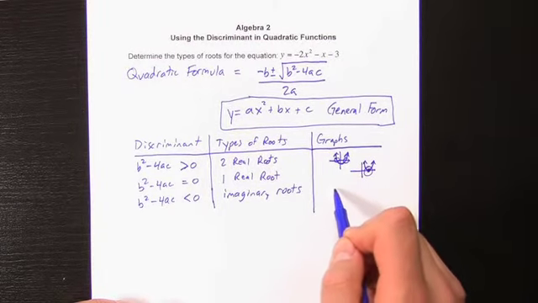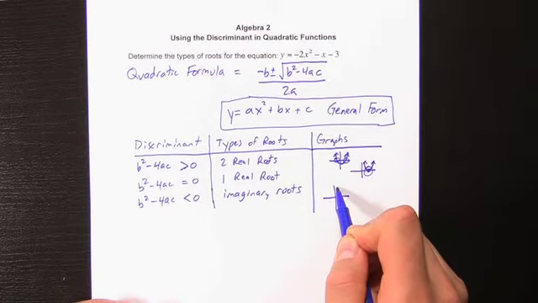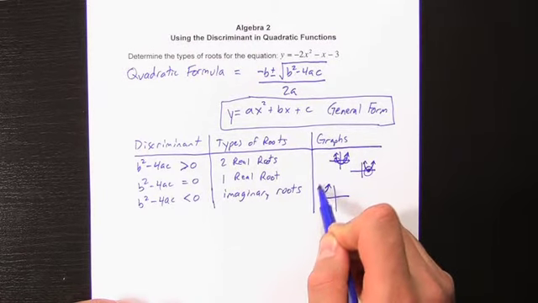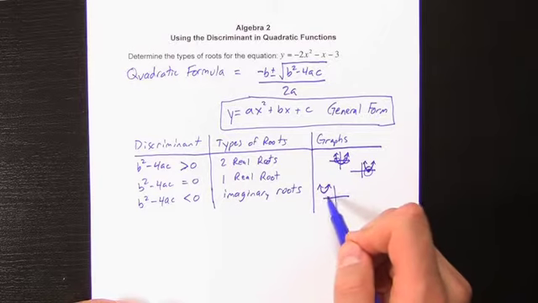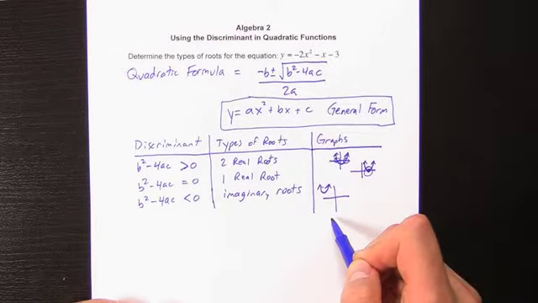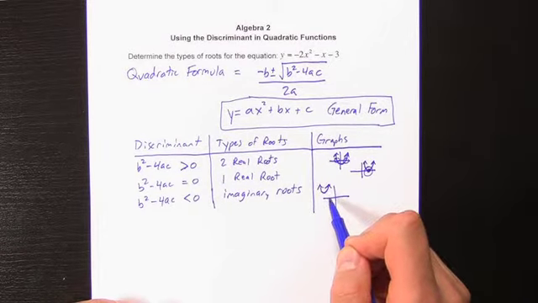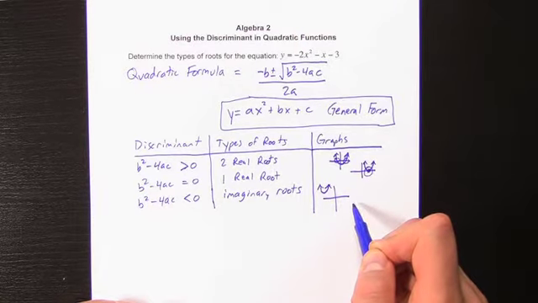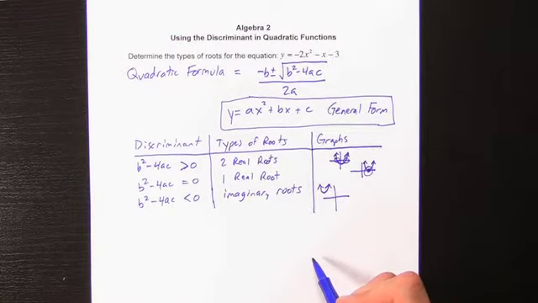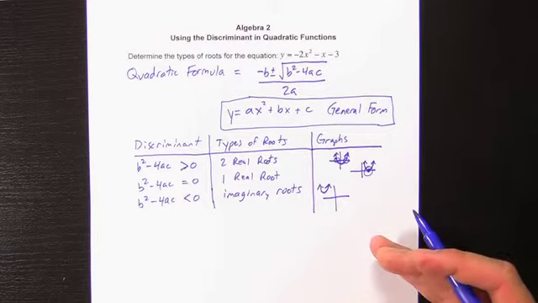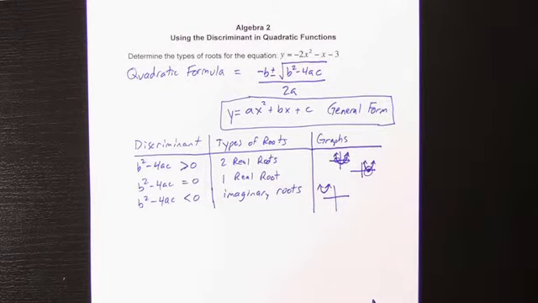If you had imaginary roots, the graph of the parabola won't even touch the x-axis. It will be hanging either above or below the x-axis, but no point of the parabola will actually touch the x-axis. So with that information in mind, we now know the purpose of the discriminant, and we're ready to figure out what's going on for this particular equation.